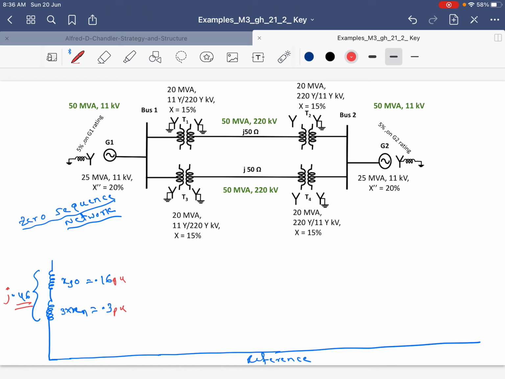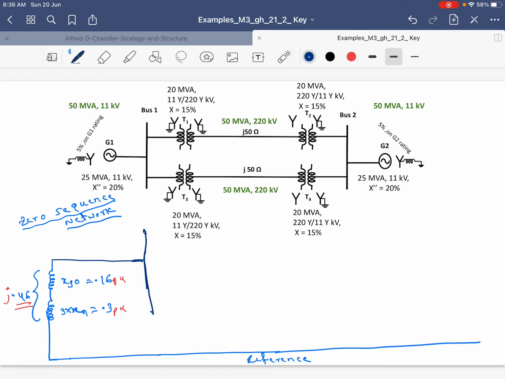Similarly, this generator is connected to bus number 1 here. First it is the star connection, both sides are grounded and star connected. Therefore, there is a direct path from bus number 1 to the transmission line, with the zero sequence reactance of the transformer.